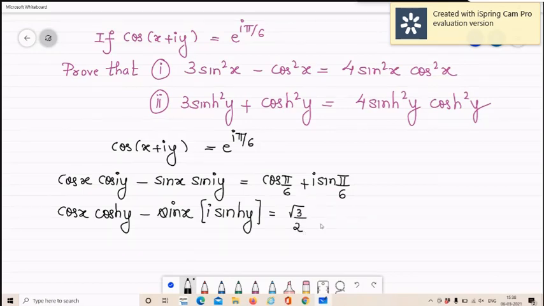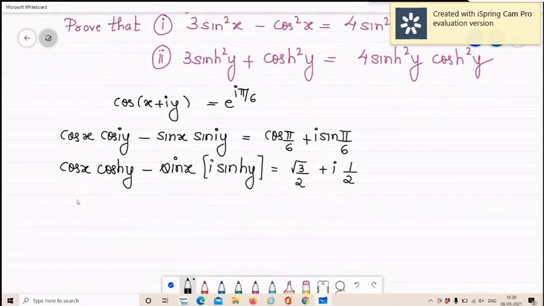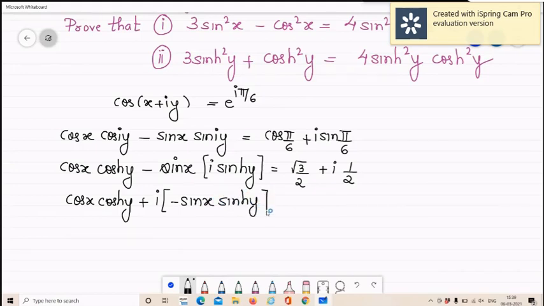What I meant was cos of pi by 6 means cos 30 degrees and sin 30 degrees. So we are going to write it as cos x cos hy plus I into minus sin x into sin hy is equal to root 3 by 2 plus I into 1 by 2.